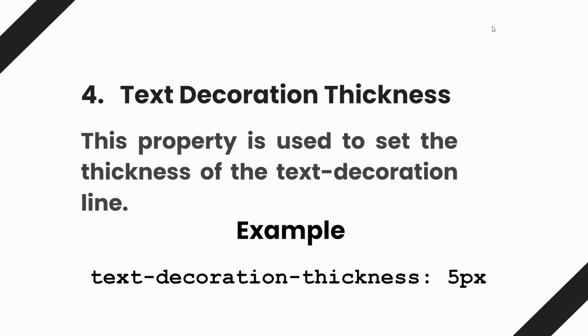From what we've learned up until this moment, both the border property and the text decoration line property are quite similar, but at the same time they are different and serve different purposes too. From the example we have here, we set the text decoration thickness to 5 pixels, which is going to make the text decoration line 5 pixels in thickness. We'll be seeing all this in the practical session and you will see how they all appear on the screen.